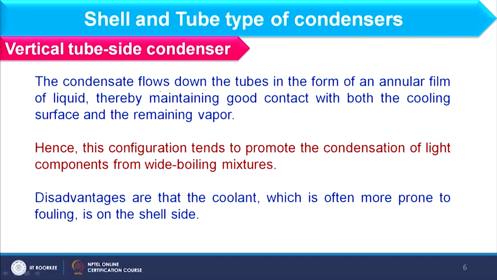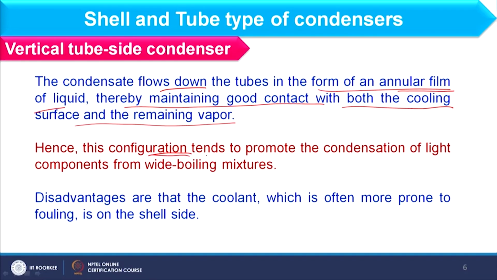And further we have a few more points about this, such as the condensate flows down the tube in the form of annular film of liquid, and thereby maintaining good contact with both the cooling surface and the remaining vapor. So, when we consider the movement of condensate, it is along the inner periphery because it is inside the tube.